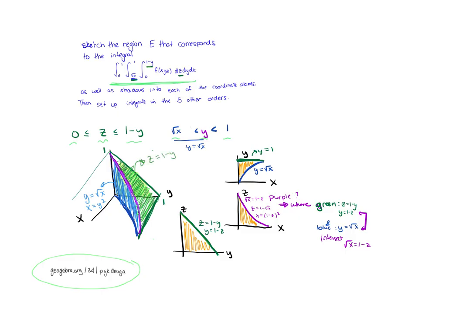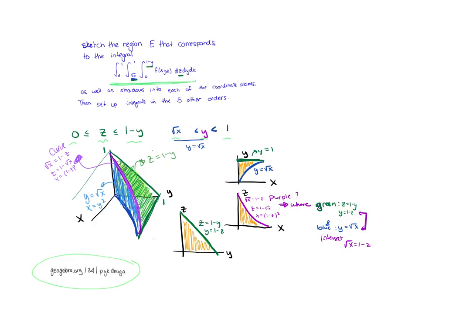And then that purple curve of intersection, that's just that curve. And it was square root of x equals 1 minus z, or z equals 1 minus root x, or x equals quantity 1 minus z squared. And then we have some zeros.